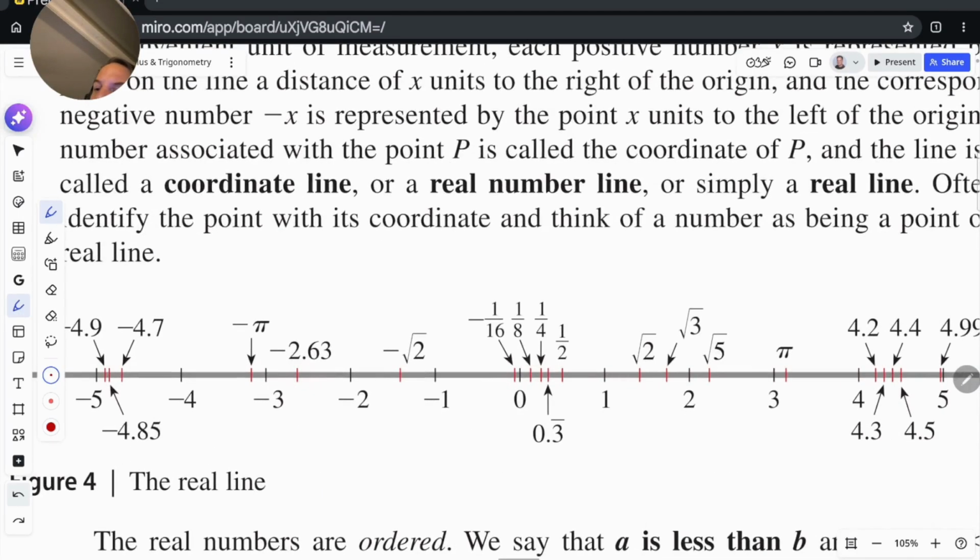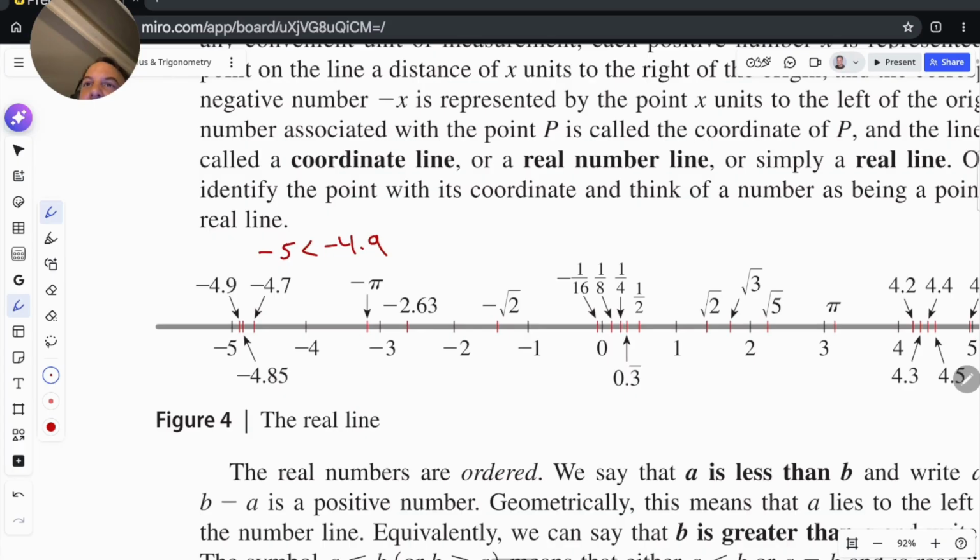So let me give an example there. For example, -5 will be less than -4.9. As we're considering absolute value from 0, -5 is further from 0, going to the left, so it's less than -4.9. -pi will be less than -3.